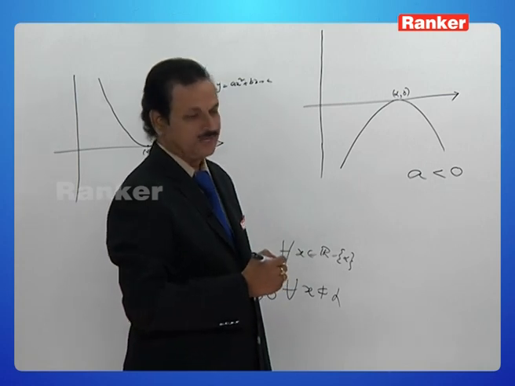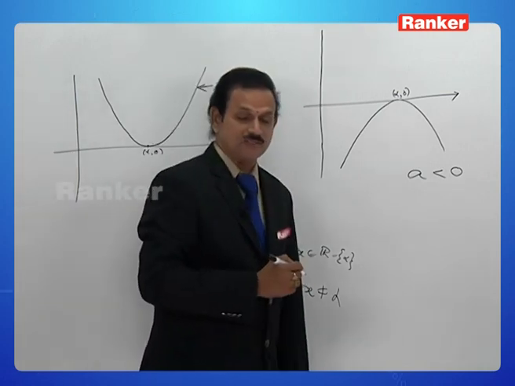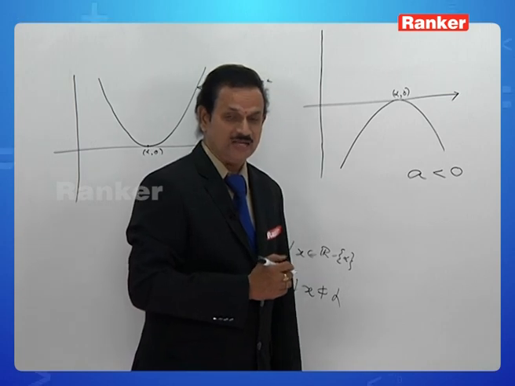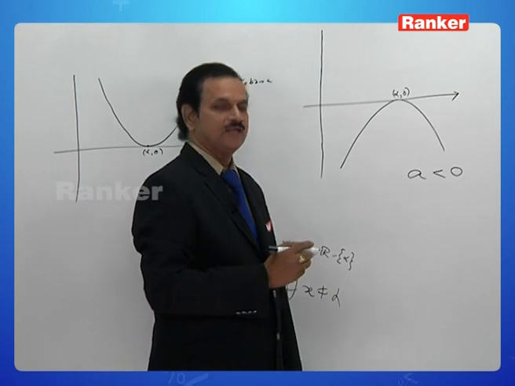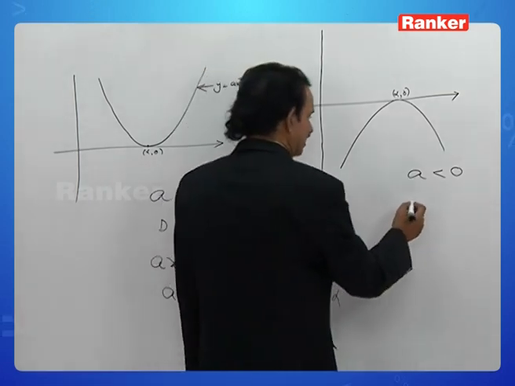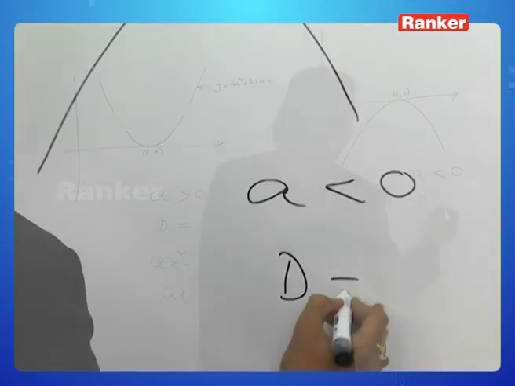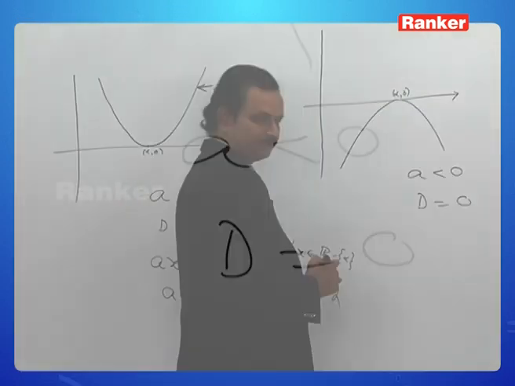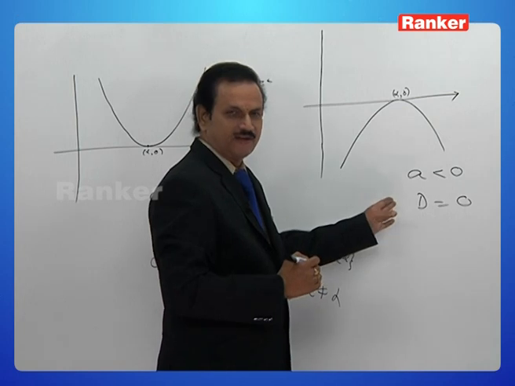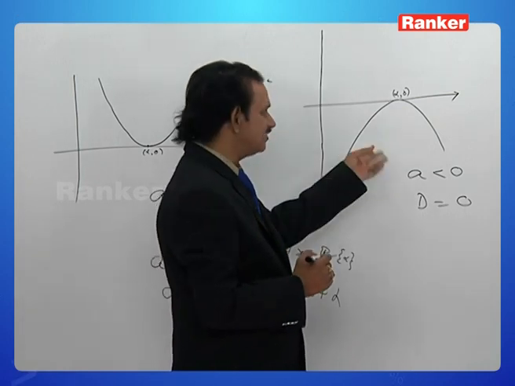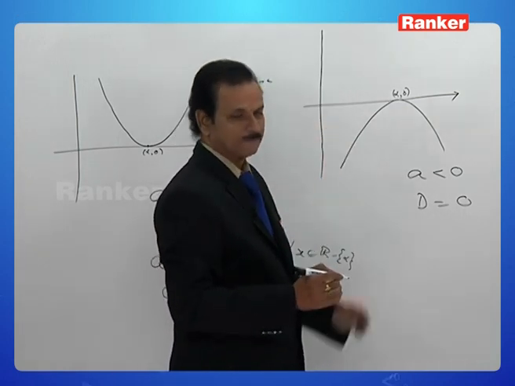What is this way? That equation ax square plus bx plus c is equal to 0 has two equal roots, alpha and alpha. And to confirm that, we should have d is equal to 0. By looking at d is equal to 0 itself, we are able to conclude that it has two equal values.